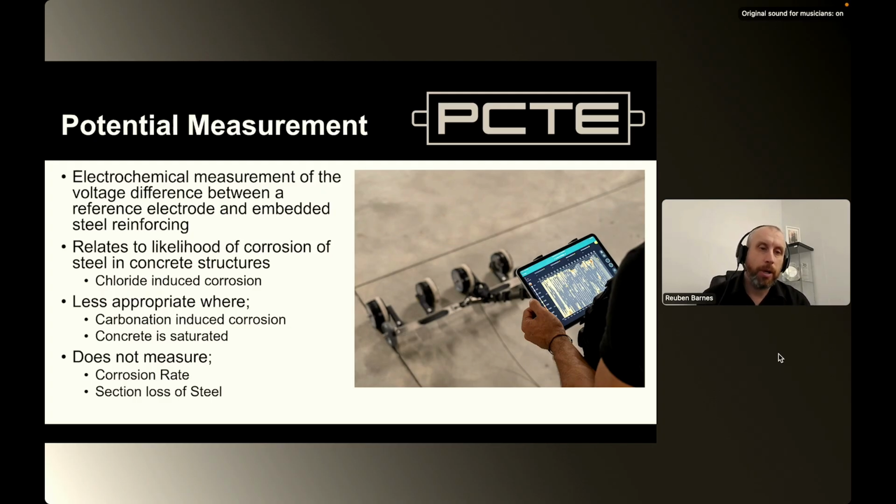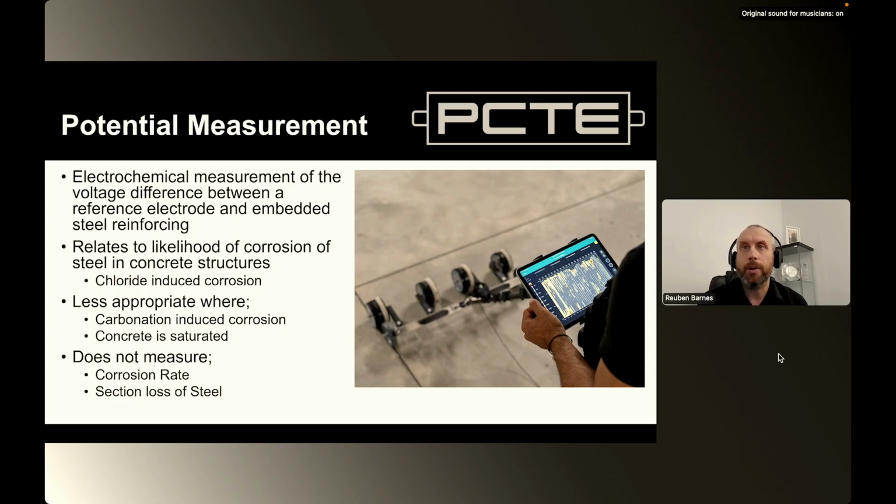It's less appropriate in some cases where we have carbonation-induced corrosion or saturated concrete. Two things to highlight here: it does not measure the corrosion rate. A more negative reading does not mean anything in terms of the actual rate. It's more the probability or propensity for corrosion to occur, and it doesn't give us any idea of what the section loss is.